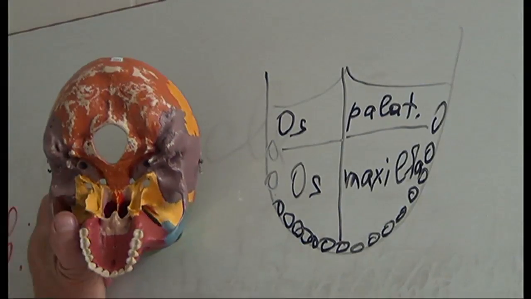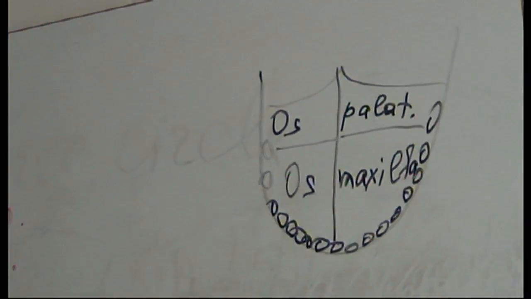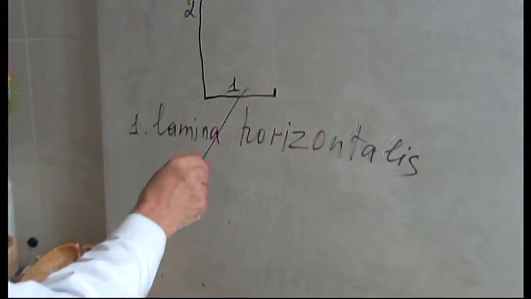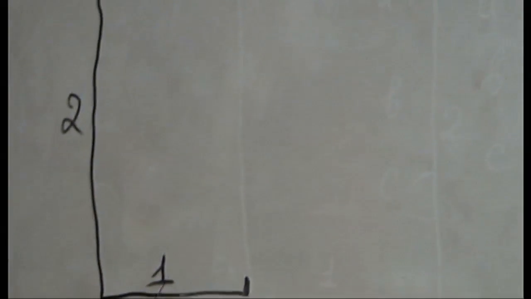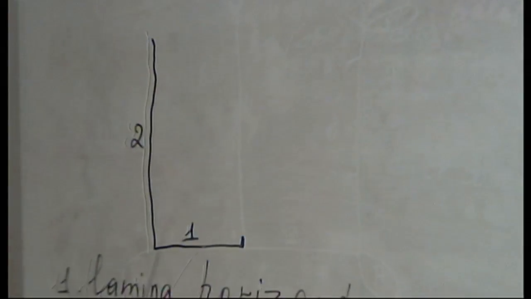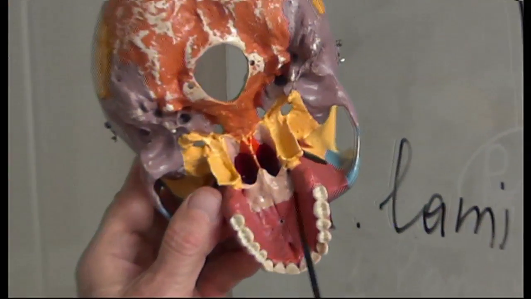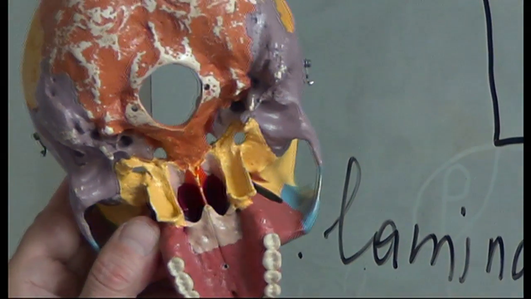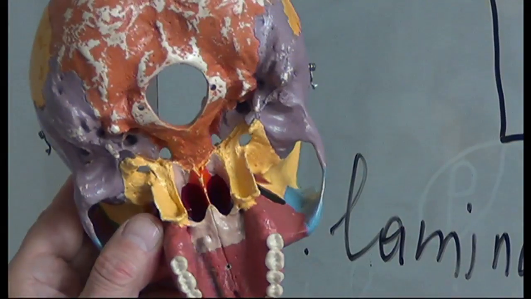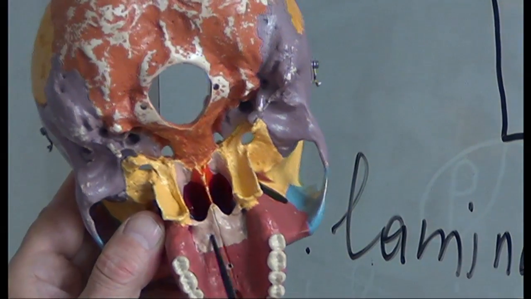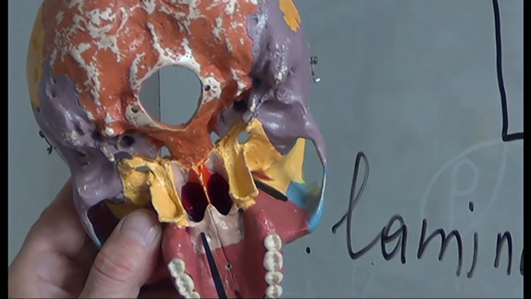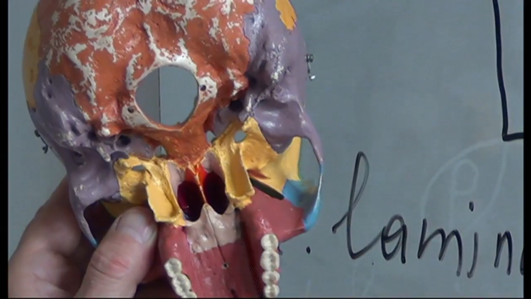So, number 1, lamina horizontalis, is the posterior part of the bony palate, and sure we can see that it's one of two symmetrically placed bones which are localized here.